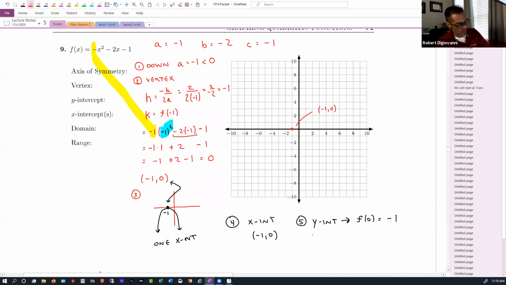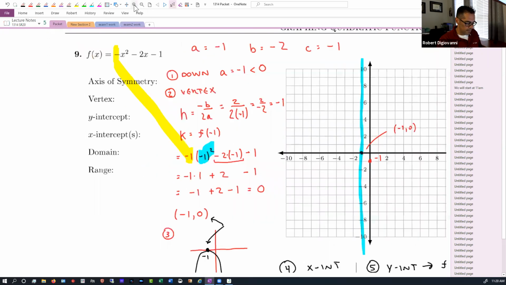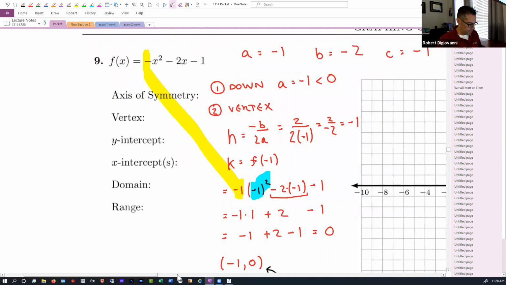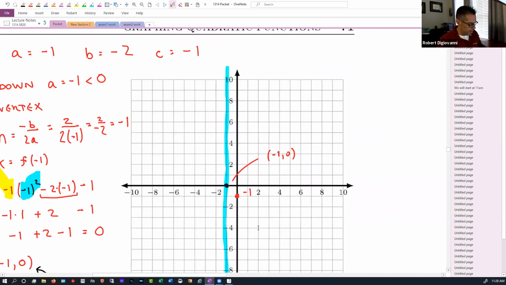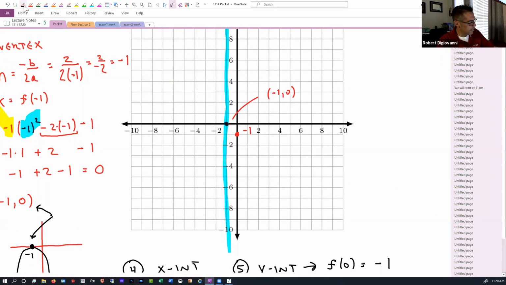And if I plot my y-intercept at -1, that's right here. Then think about drawing a parabola that opens down with an axis of symmetry of that blue line. So now it's going to go like this and like that. That's all I need.